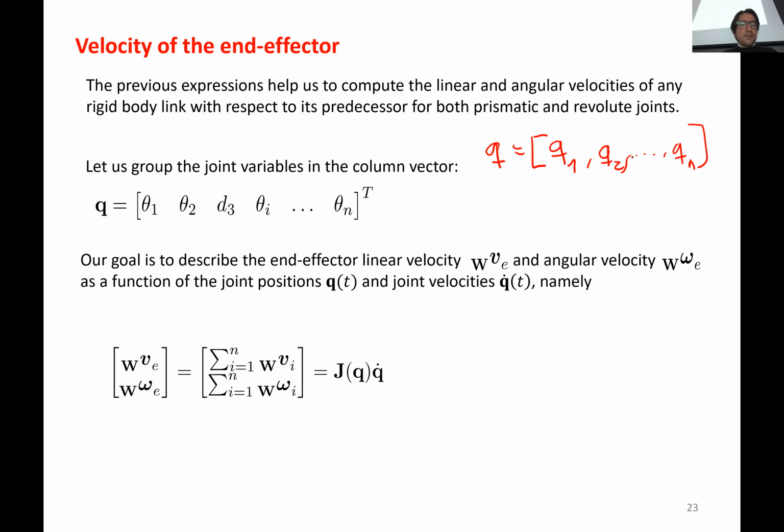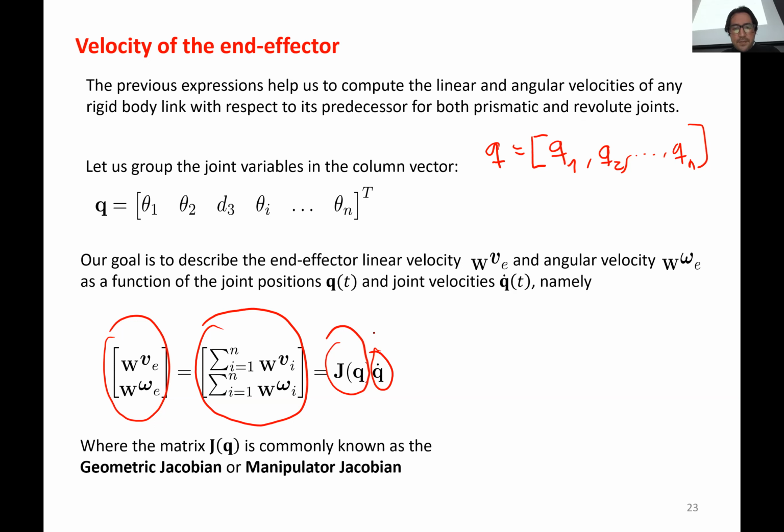We have the velocity of the end effector expressed as the sum of the velocities of all of the joints along the kinematic chain. The form this expression will take is a matrix J, as a function of the joint position, multiplied by the joint velocities. The matrix J is usually referred to as the geometric Jacobian or manipulator Jacobian.